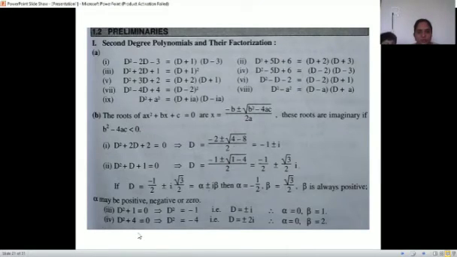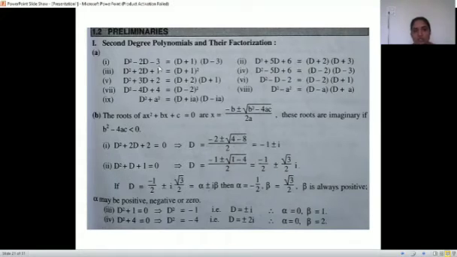Okay, the first polynomial is d square minus 2d minus 3. Now, how do you factorize this? There are so many ways to factorize, right? So the first thing is, can you find two numbers whose multiplication is minus 3 and whose addition is minus 2?